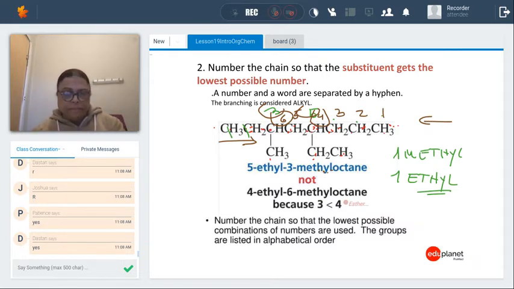Okay, so now the question is, why did I put the 5-ethyl before the 3-methyl? Why didn't I give the name 3-methyl, 5-ethyl? Let's remove the wrong name so you won't be confused.